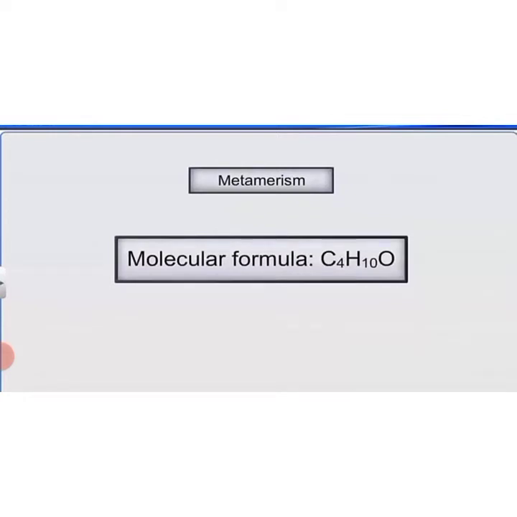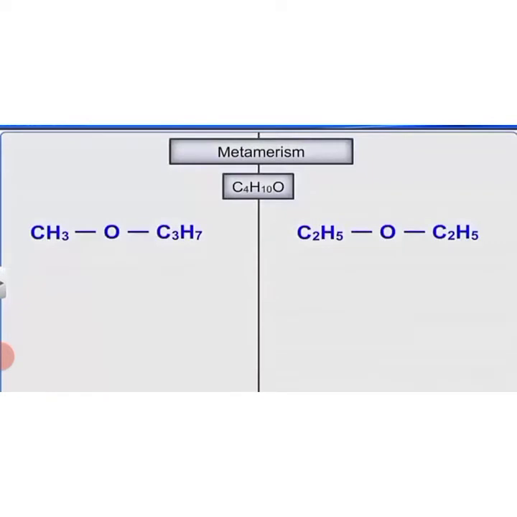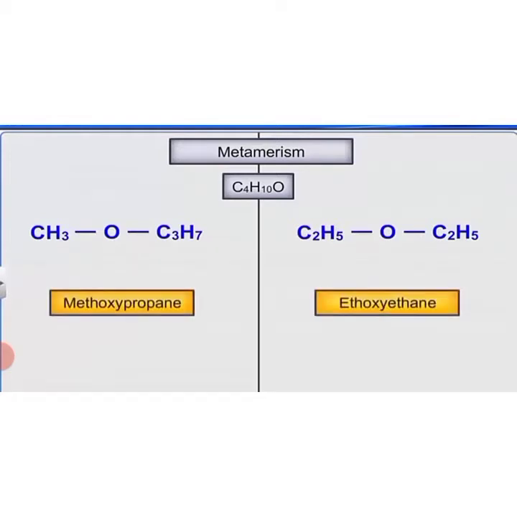Let's consider the molecular formula C4H10O. The following isomers can be drawn. That is, methoxypropane and ethoxyethane. Here the alkyl group attached on either side of the functional group is different.